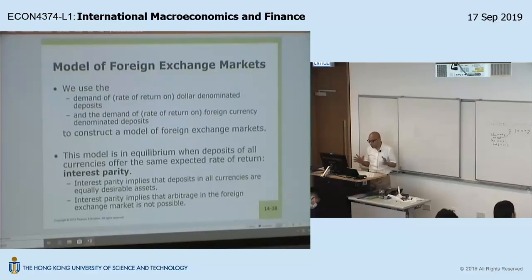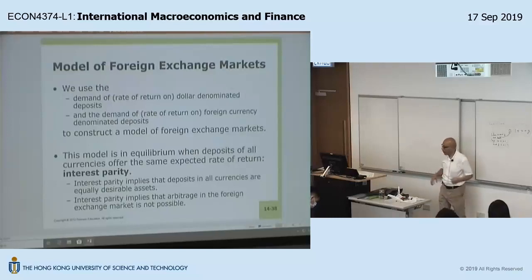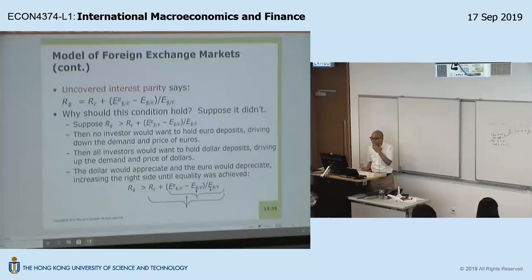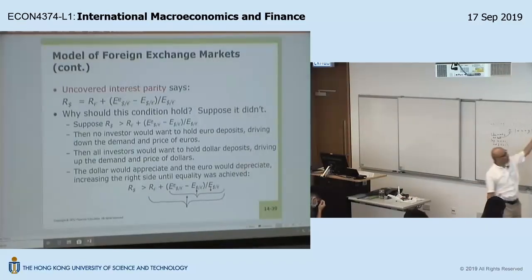It's an equilibrium condition, equally desirable under this. So this will be the equilibrium condition, and it's called uncovered interest parity, which basically says the dollar rate of return on dollar deposit should be equal to the dollar rate of return on euro deposit.